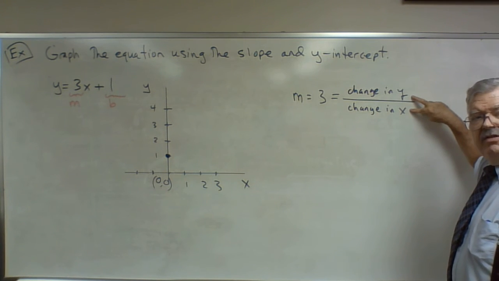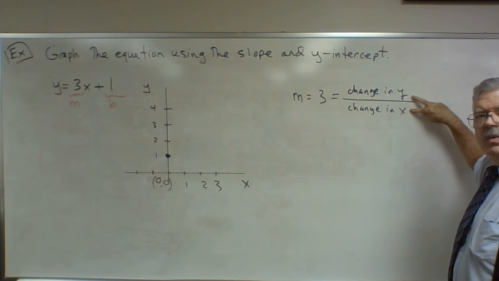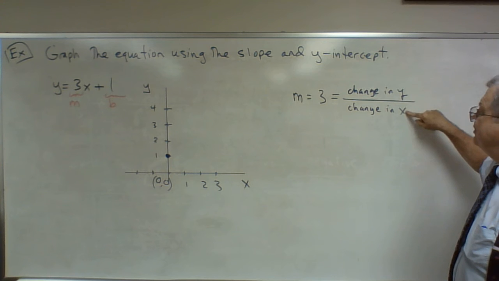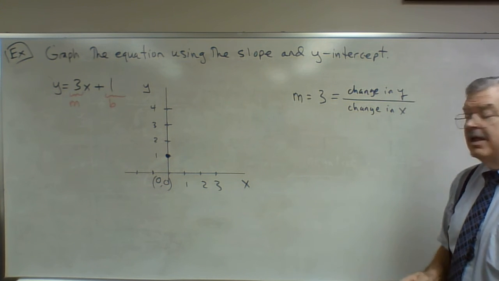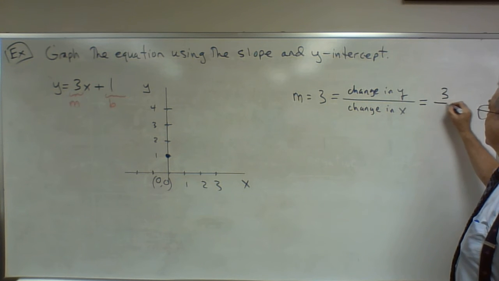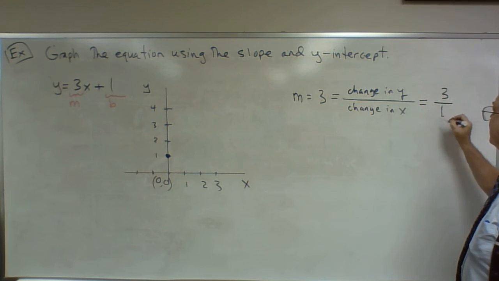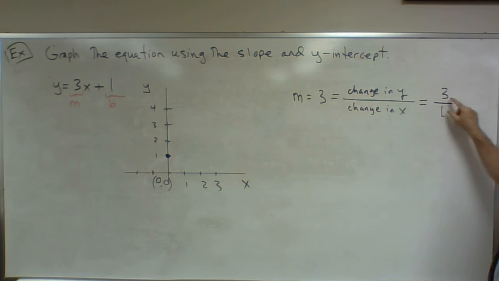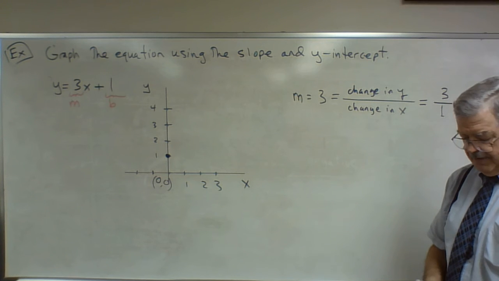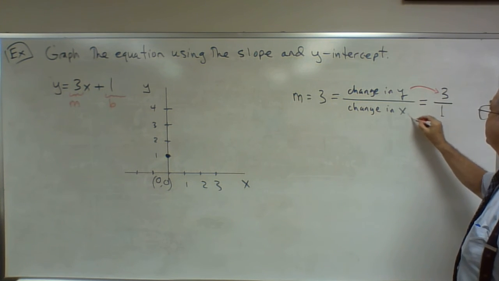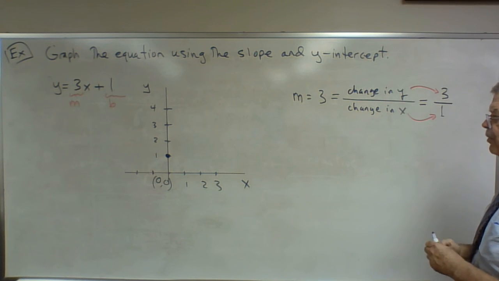And we can make these two things anything we want them to be as long as change in y divided by change in x is 3. So why don't I just do what's easy and make the change in y 3 and the change in x 1. 3 over 1 is 3, isn't it? Change in y, we'll have that be 3. Change in x, that will be 1.